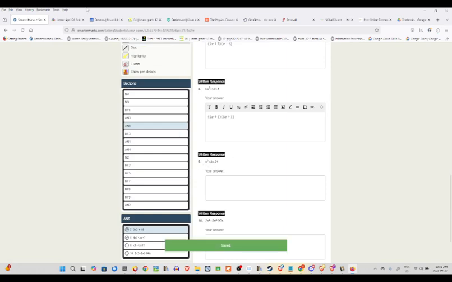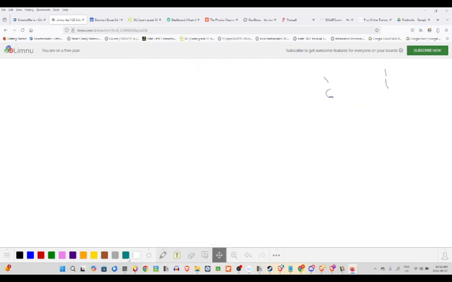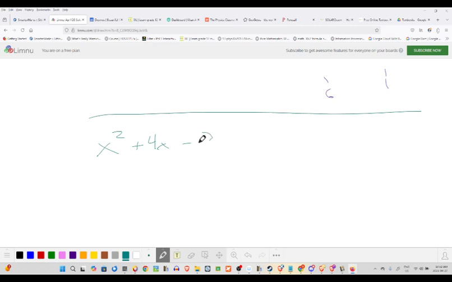x squared plus 4x minus 21. And actually switch colors here to make it a little more clear. x squared plus 4x minus 21. So our factors here, we have 1 and 1 for sure. Here we either have 1 and 21 or 3 and 7.